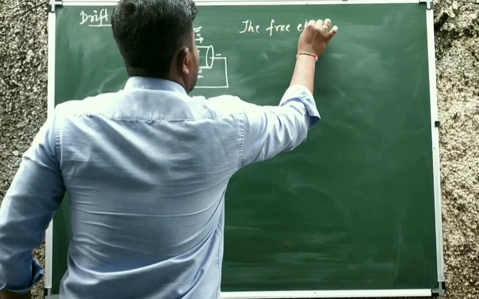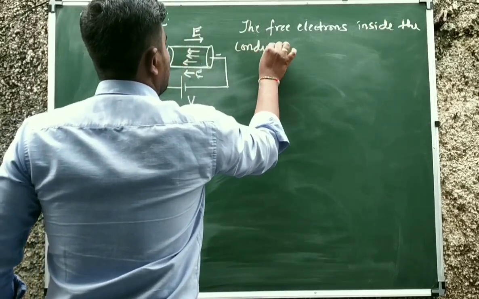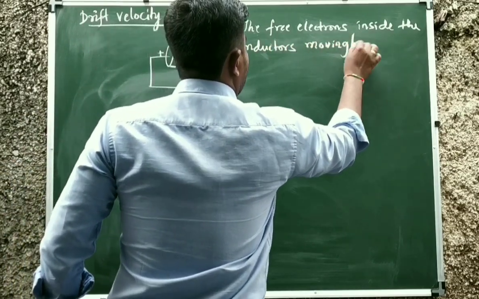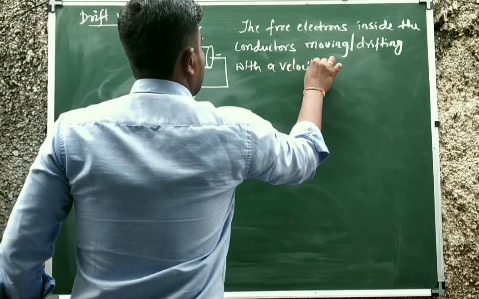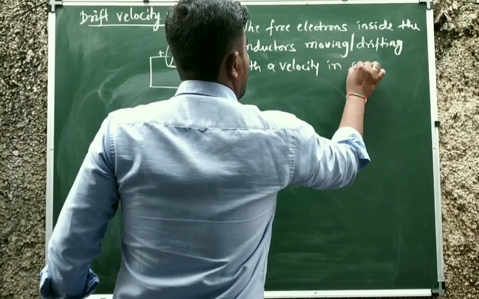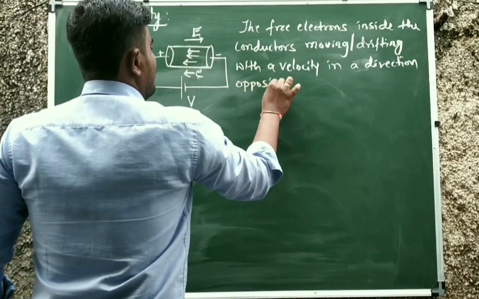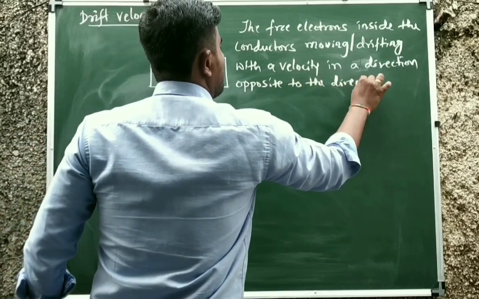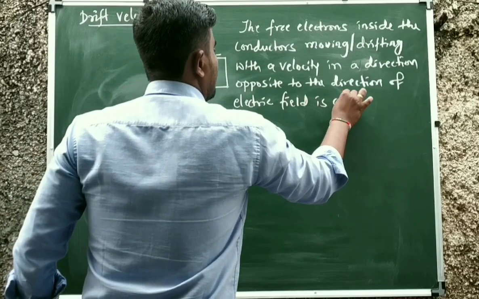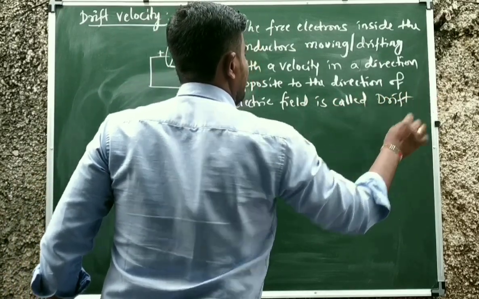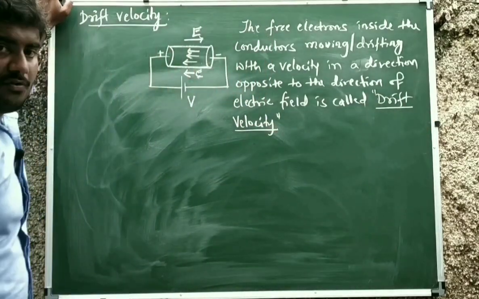The free electrons inside the conductor, moving or drifting with a velocity in a direction opposite to the direction of the electric field, is called drift velocity. This is the definition of drift velocity.